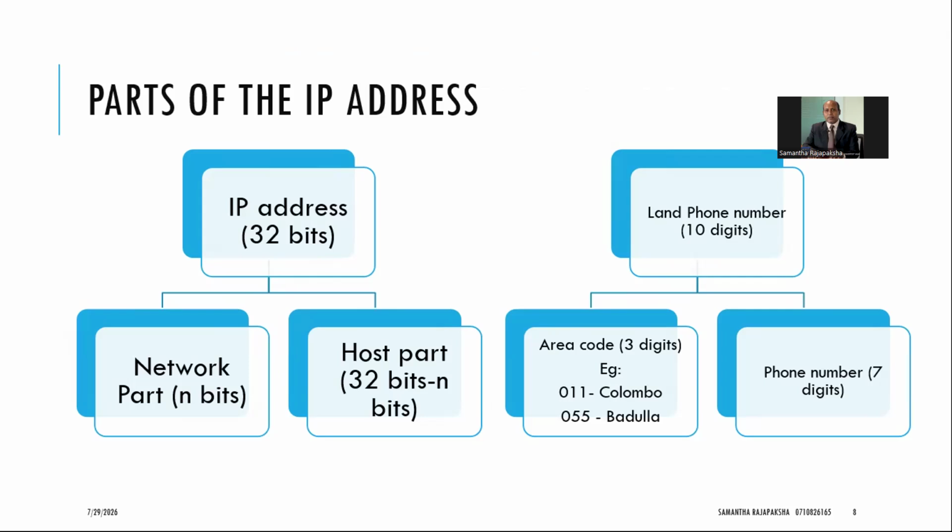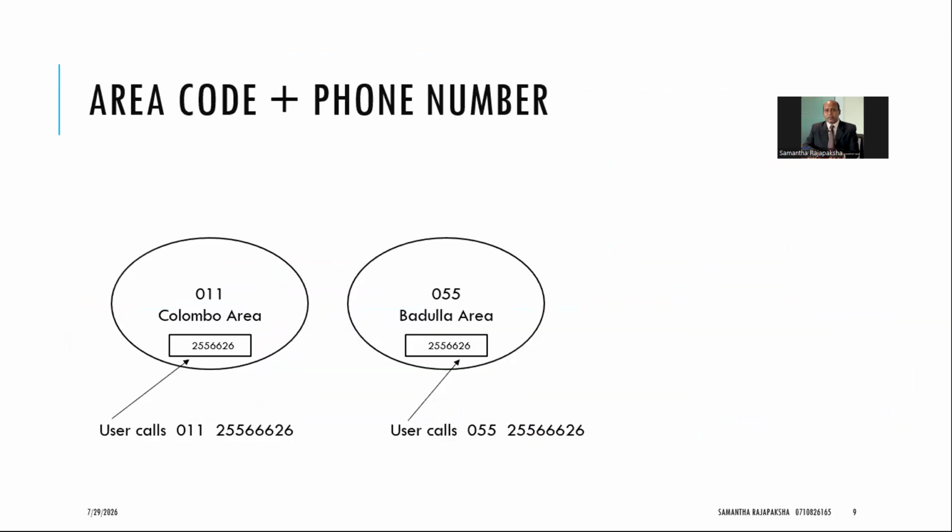Then within the network, each computer is identified by the host. So as an example, there can be the same number in Colombo and Badulla, but the area code is different. So this area code is similar to identifying the network, but within the network, identifying the machine is done by the host part.